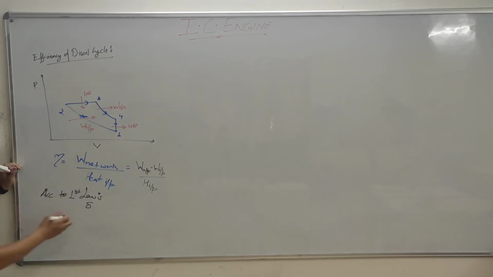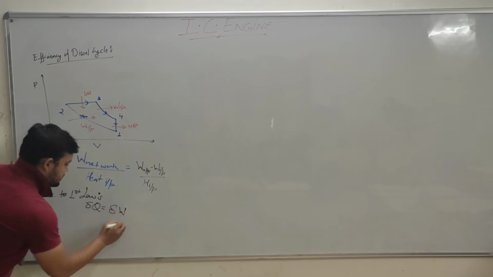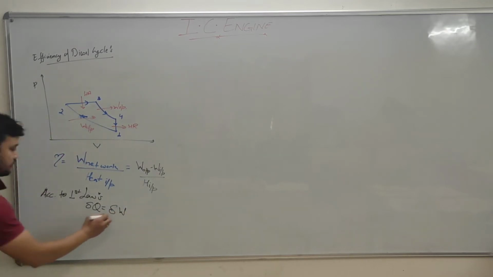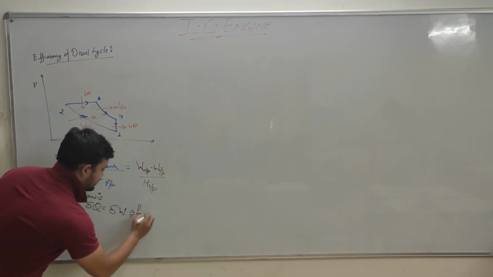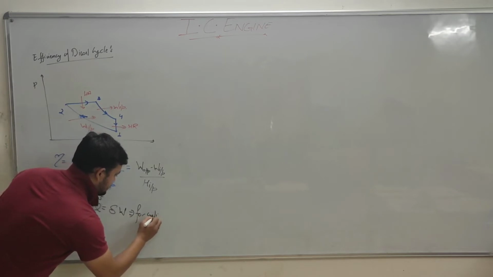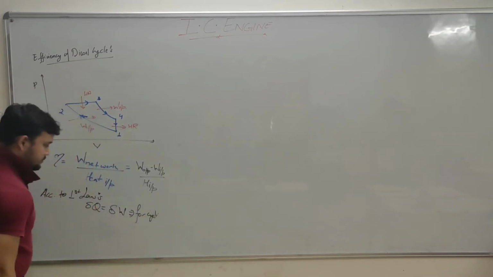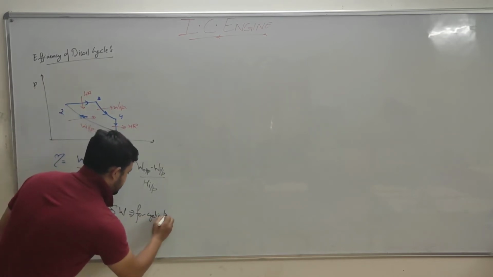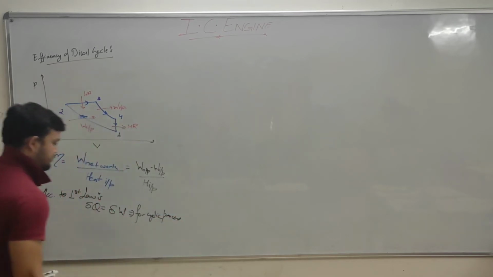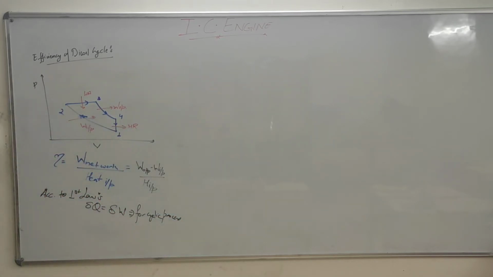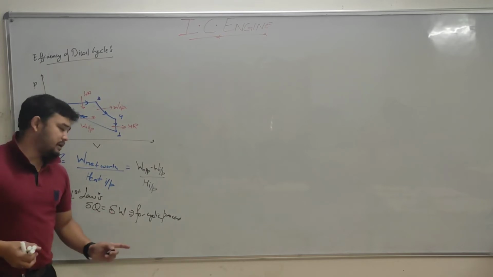For a cyclic process, the net amount of heat in the system is equal to the net work output. This is applicable only for a cyclic process. You have to remember this also: del Q is equal to del W.